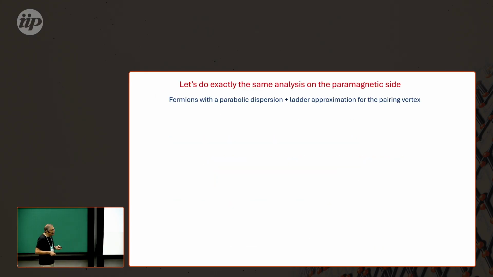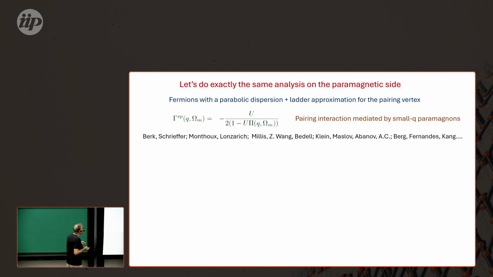On the other side, this is the problem that a number of people sitting here approached one way or another. It's a problem about pairing mediated by small q paramagnons. It was done analytically, it was done numerically, and again, this is not a full list of people. It all started with Berk-Schrieffer with respect to helium-3, but that was 3 dimensions.